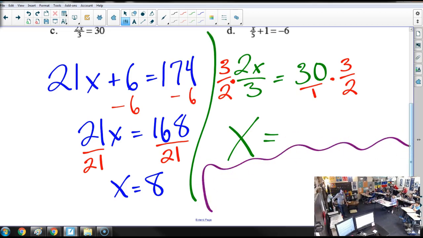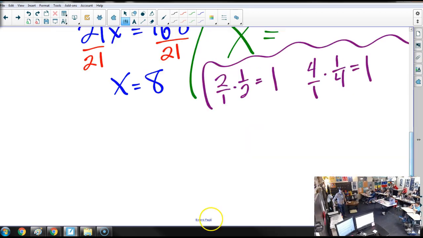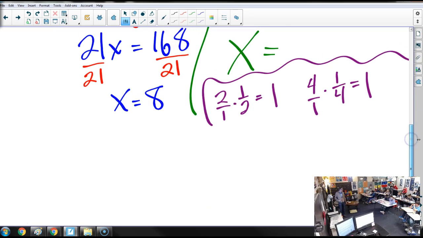If I had 2 halves of a pizza, I have the whole thing. If I have 4 quarters of a pizza, I have the whole thing. Any fraction, or number really, times its reciprocal is 1.